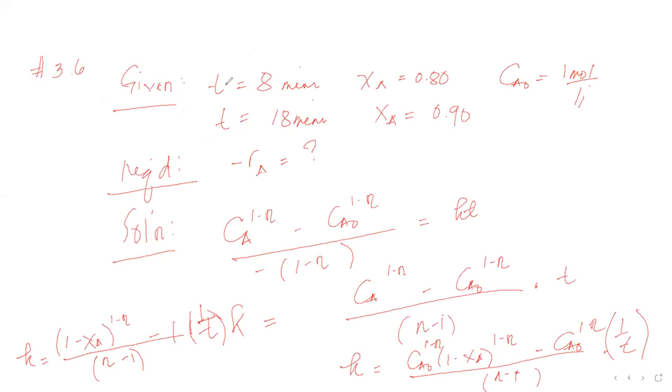So your K is equal to (1 − XA) raised to (1 − n) minus 1 over (n − 1), and I'll place the t in here. For the first set of information that we have, XA is equal to 0.8, the time is 8 minutes.